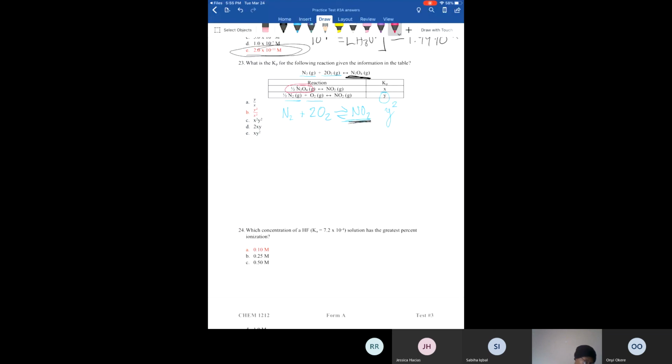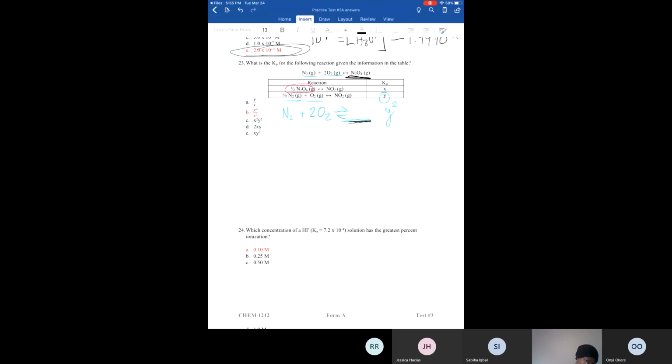It also has the wrong coefficient. I mean, not second power.